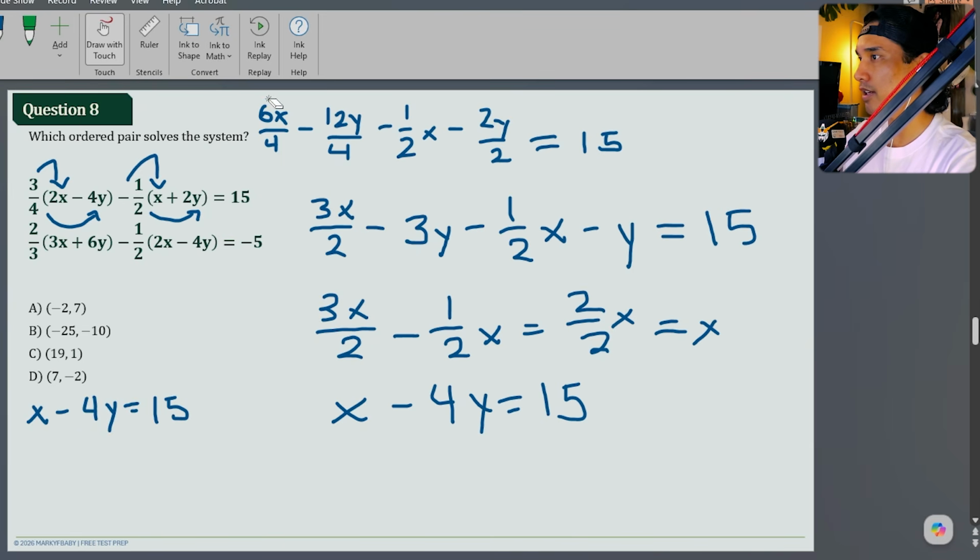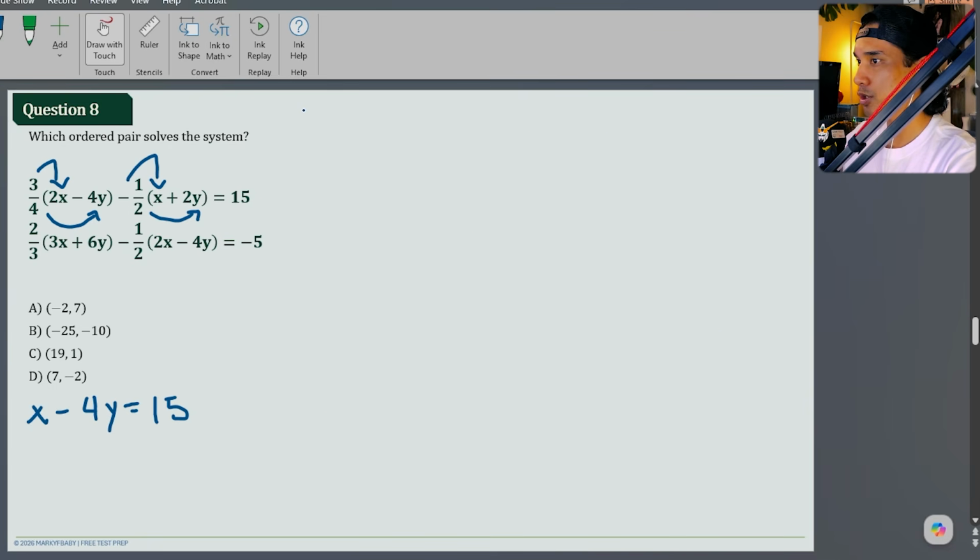Okay, now let's go ahead and do the second one. So I do 2/3 times 3x. That's going to give me 6x over 3. And then plus 12y over 3. And then minus 2 over 2x.